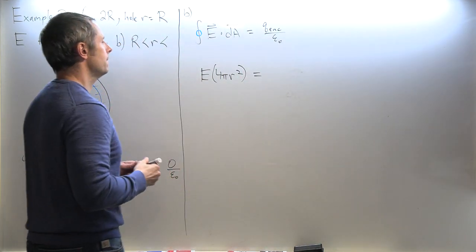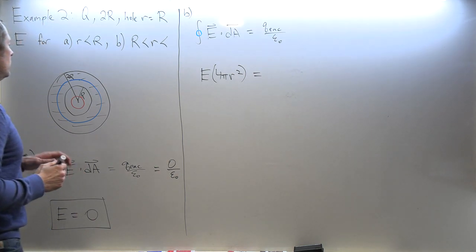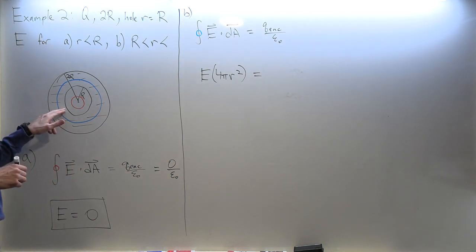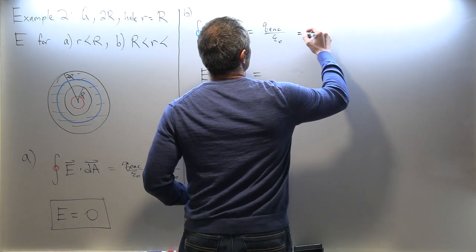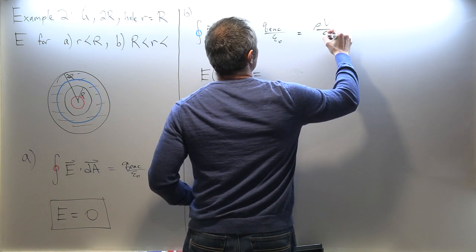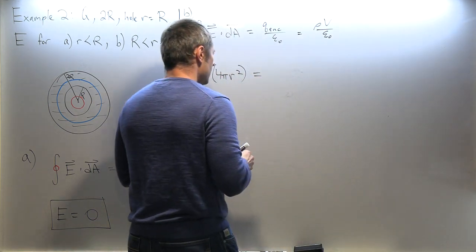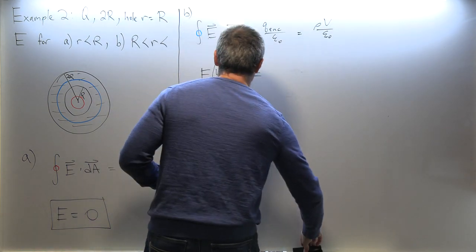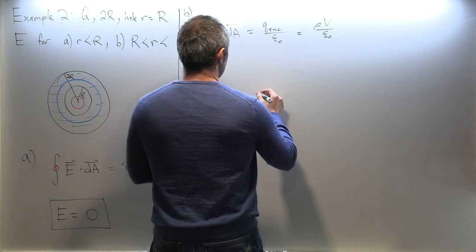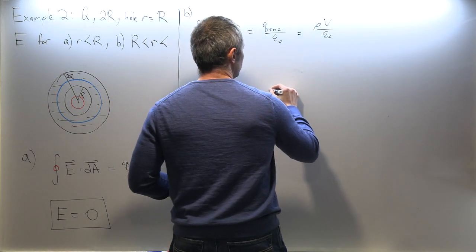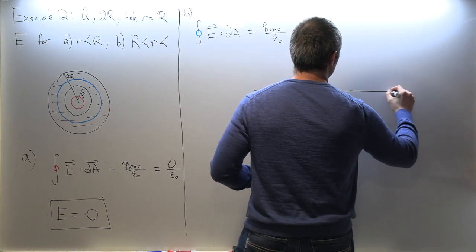All right, now, what we're going to do to figure out the charge in here is use rho times volume again. Okay, so that's rho V over epsilon 0. You know what? This might have even been too high. I'm going to wait to write this after I draw. Okay, so this whole big fraction here.